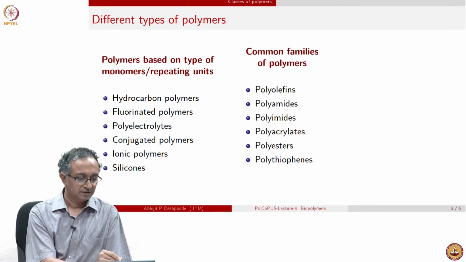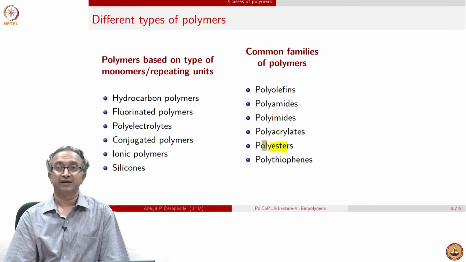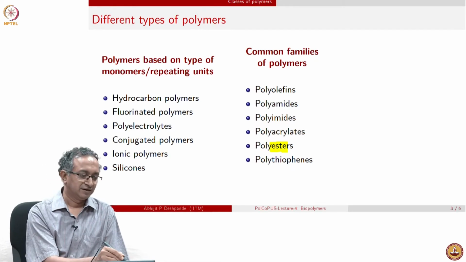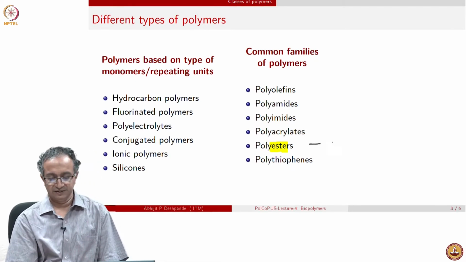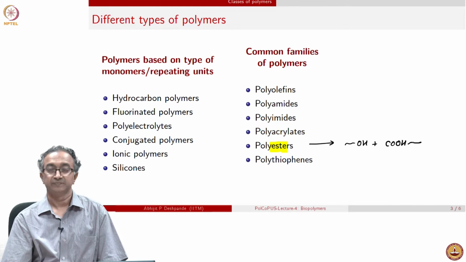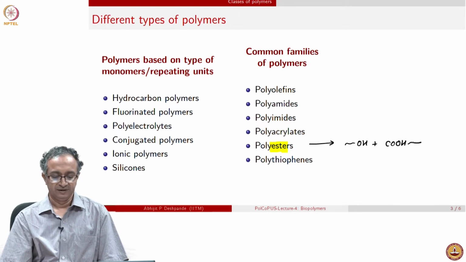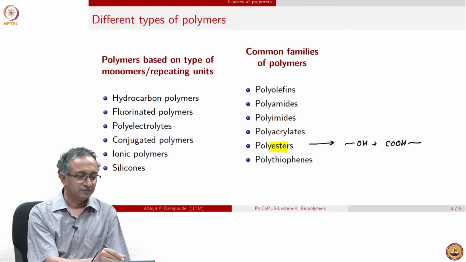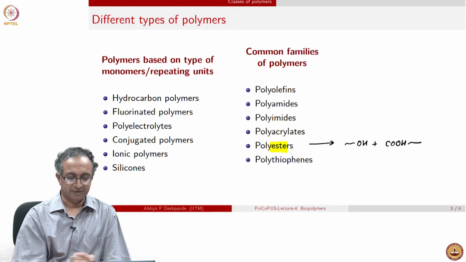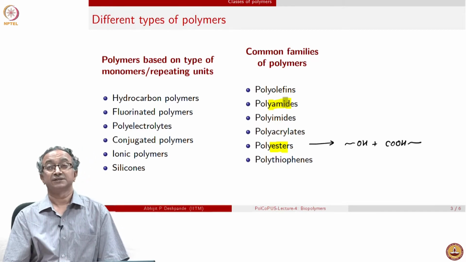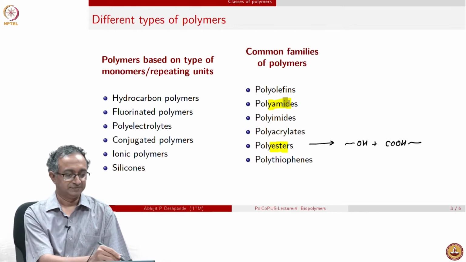For example, polyester clearly implies an ester bond, and we know that ester is formed based on a reaction between a hydroxyl group and a carboxylic acid group. Similarly, we also have polyamide. Nylons are all examples of polyamide.